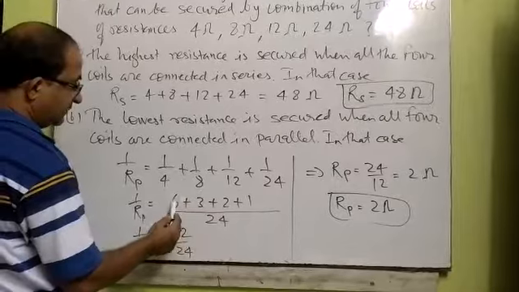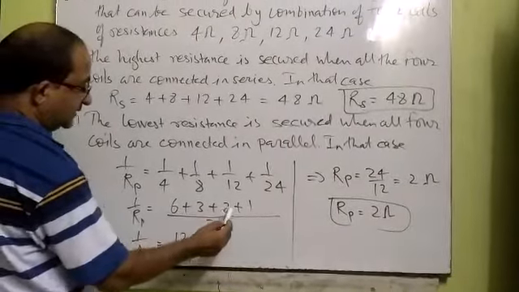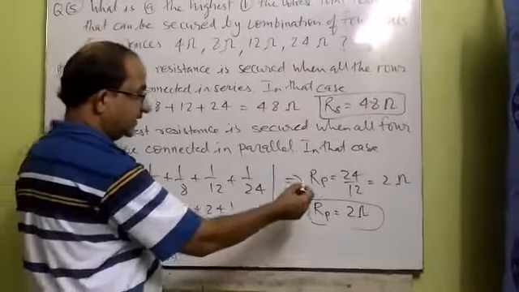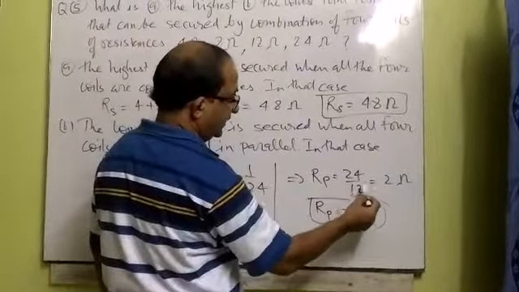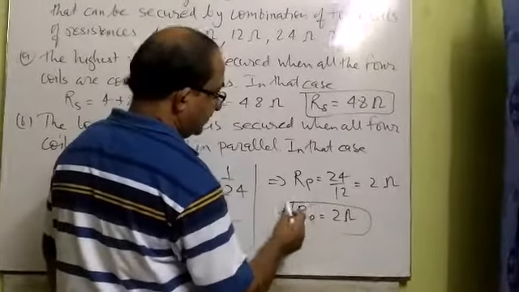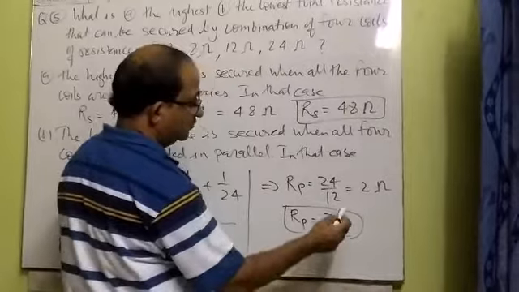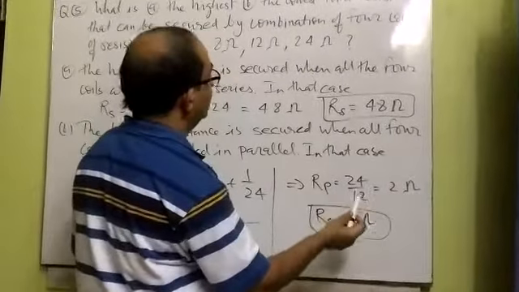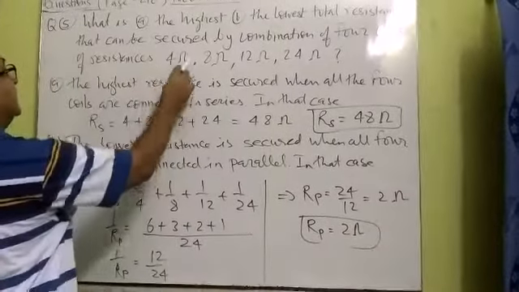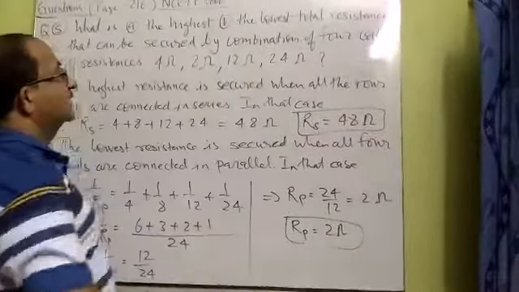In this way, the numerator becomes 6 and 3, 9, and 3, 12. So 1 upon Rp is equal to 12 upon 24. It implies Rp is equal to 24 upon 12, which is 2 ohm. Means the equivalent resistance in parallel will be equal to 2 ohm, which is the least of all. Even this equivalent resistance is smaller than the smallest resistance of all the four coils.